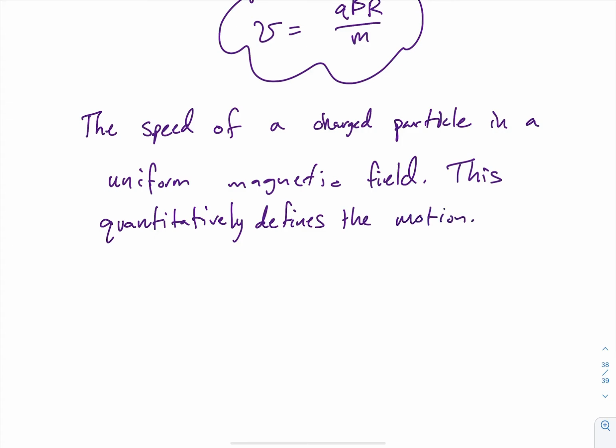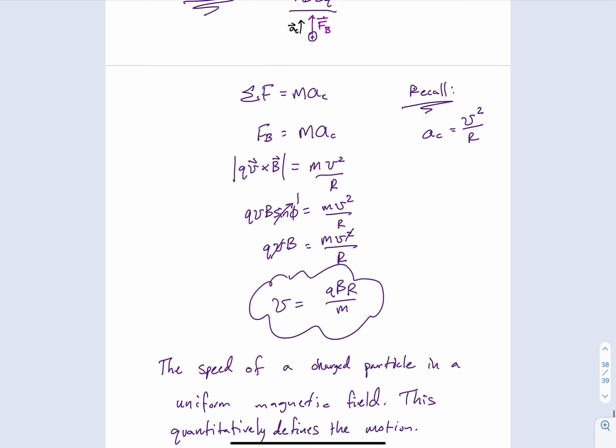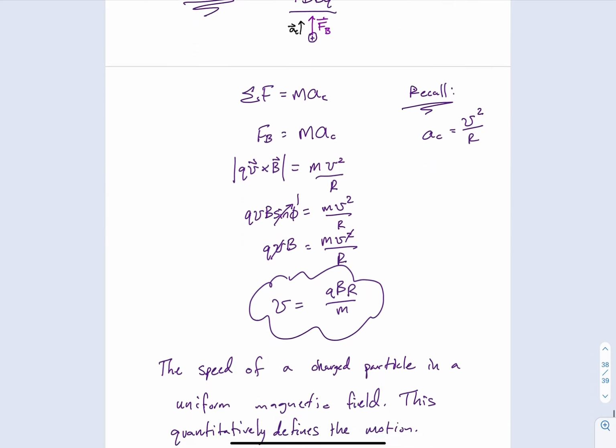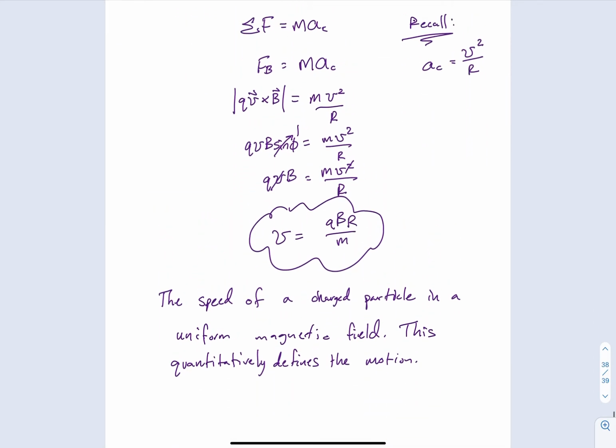So conceptually speaking, we know there's a centripetal force causing a centripetal acceleration that causes this to move in uniform circular motion. But if you needed to quantify any of that, this is the trick.